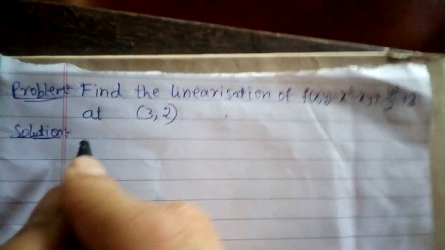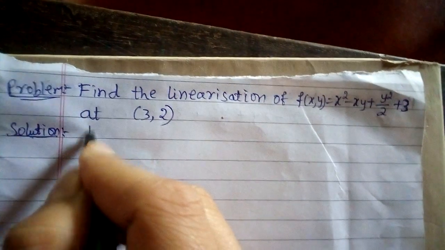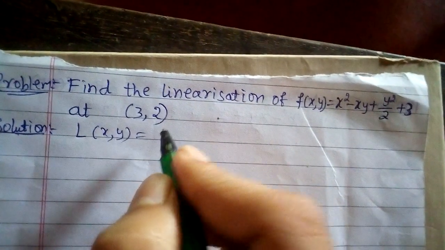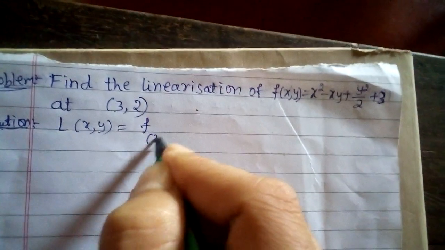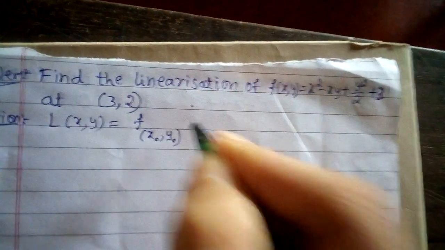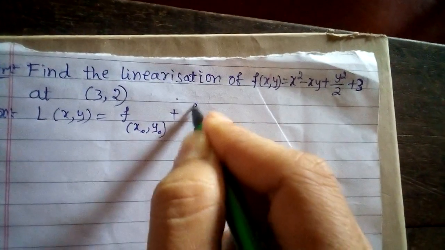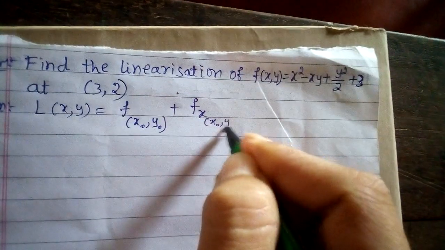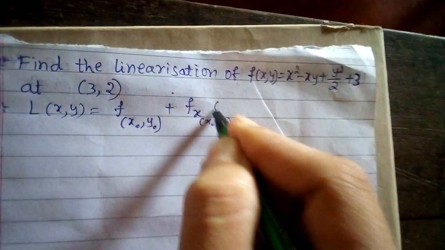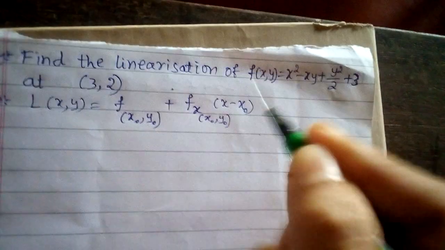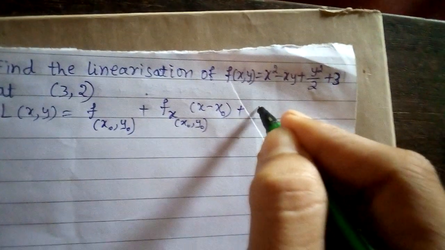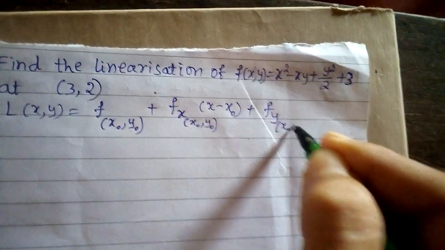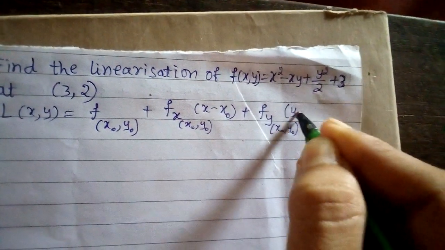Now, the formula for linearization is L(x,y) = f(x₀,y₀) + ∂f/∂x at (x₀,y₀) times (x − x₀) + ∂f/∂y at (x₀,y₀) times (y − y₀).